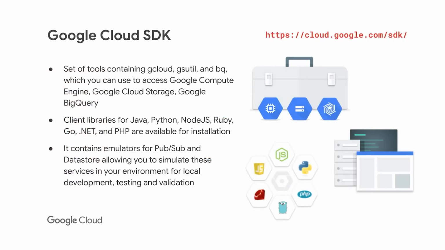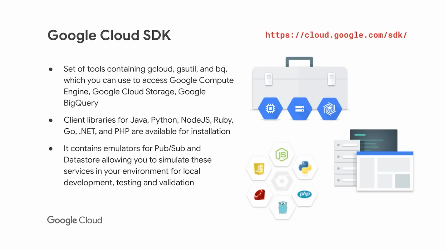This is a quick example of how you can manage Google Cloud. We have a set of tools that include gcloud, gsutil, BigQuery, for example, that each manage different things. gcloud you can actually use to create different things like Compute Engine or create Google Cloud Storage buckets.